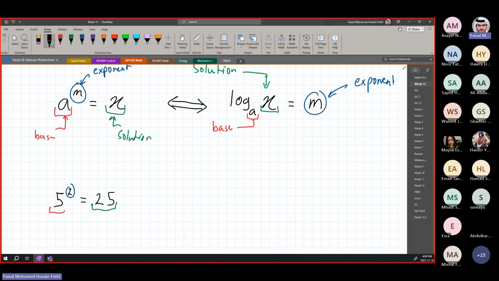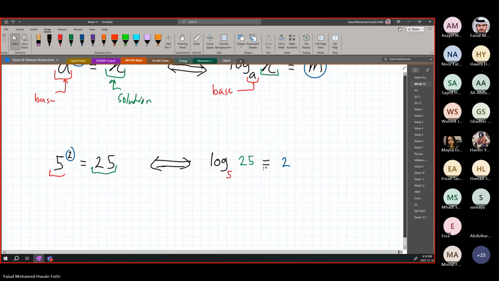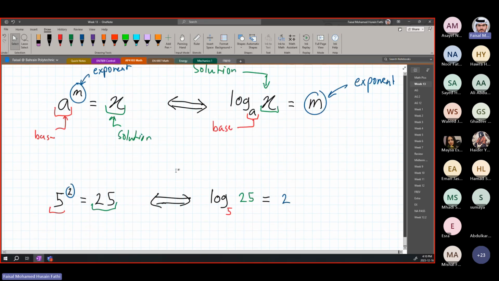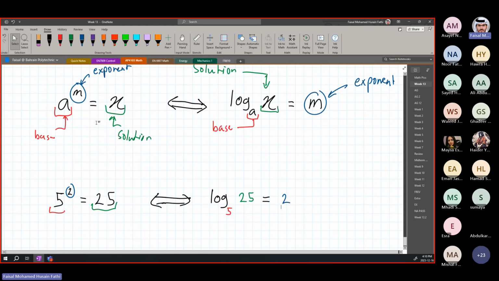If we want to write this in log form, بنكتب log شنو البيس؟ البيس 5. شنو السولوشن؟ السولوشن 25. شنو الجواب مال هاللوج؟ It is equal to the exponent which is 2. This is the whole concept of log. The whole idea of log is to be able to solve exponential equations by having the solution and wanting to find the exponent of the number.